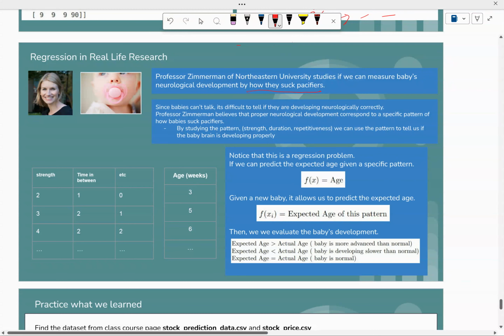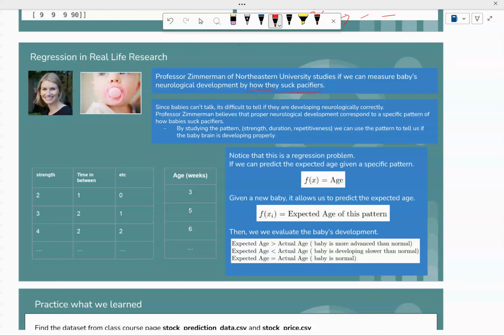The idea is babies can't really talk, so we don't know how well they are doing neurologically speaking, and how well they are developing. So since babies can't talk, the only thing we can really do is maybe study whether the way they suck their pacifiers is correlated with neurological development.